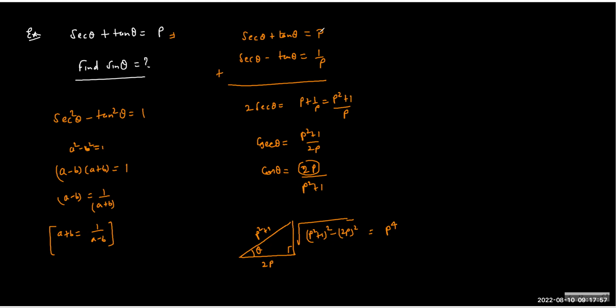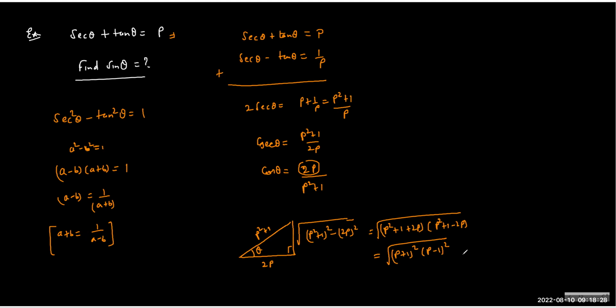I can write it like a square minus b square, so a plus b into a minus b. Which is like p plus 1 whole square into p minus 1 whole square, under root.